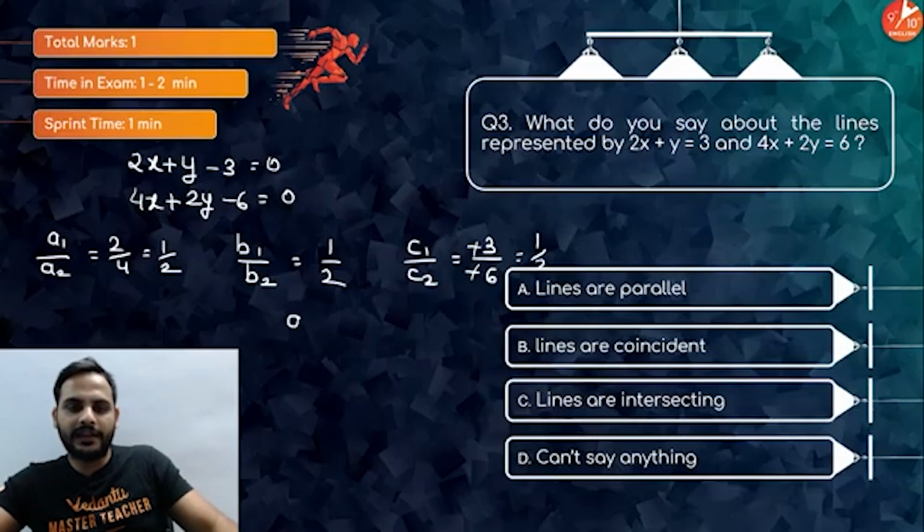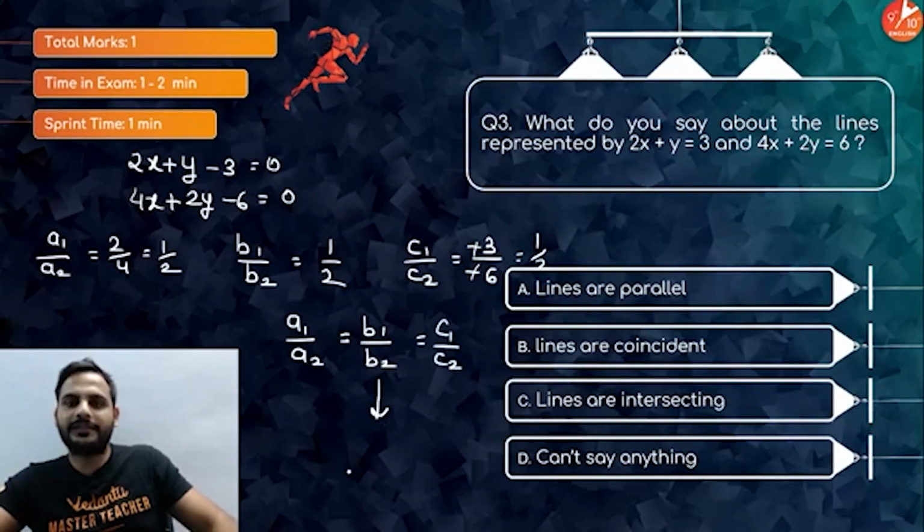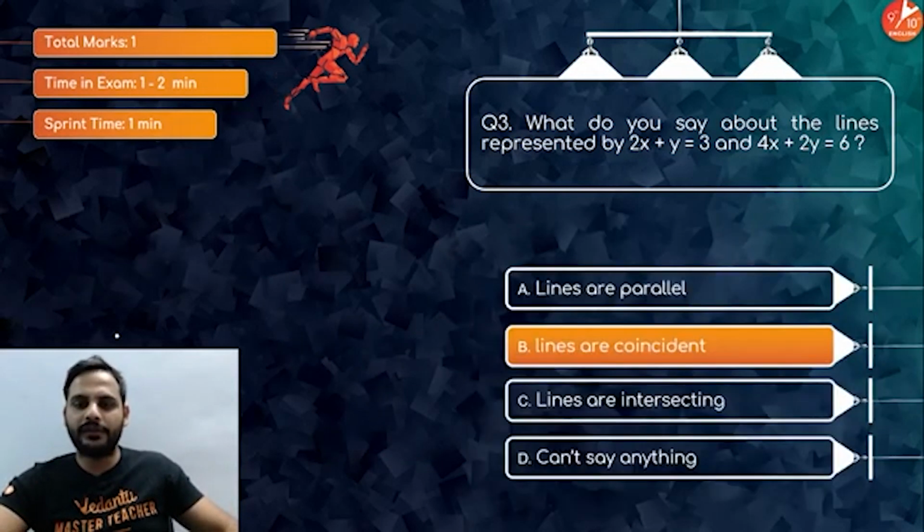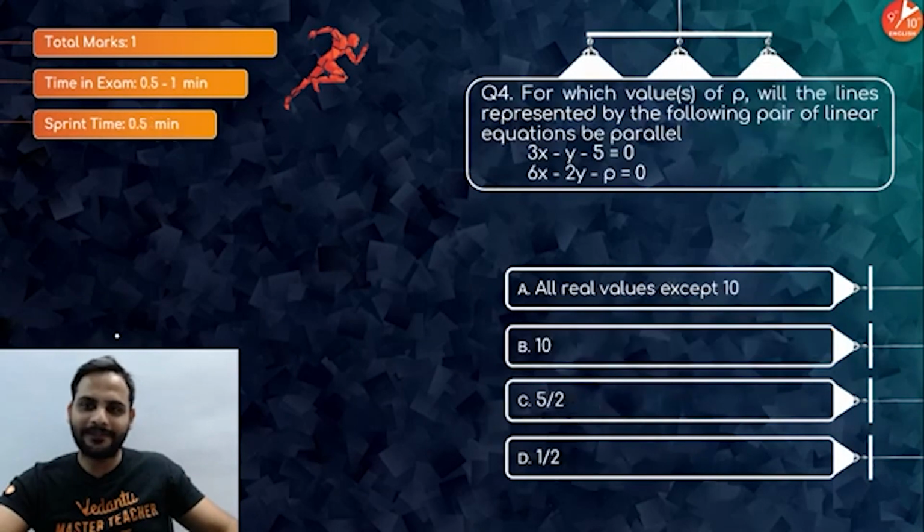So we are getting a1 by a2 is equal to b1 by b2 is equal to c1 by c2, and it means lines are coincident. Simple logic. Remember these conditions, very important. Direct questions will be there.